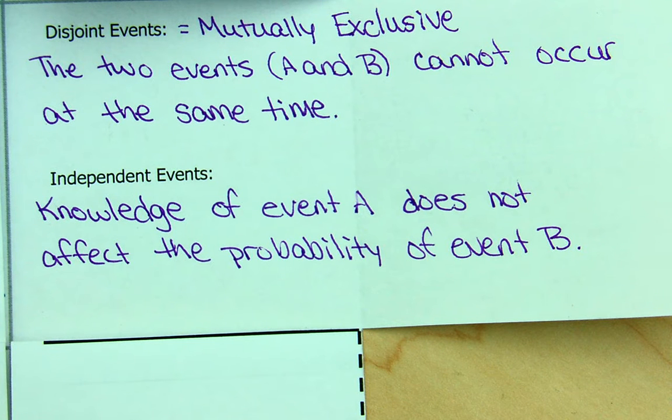Think of it, if I'm going to flip a coin and then I'm going to roll the dice. The outcome of the coin flip has no bearing on what is going to happen with the dice. It doesn't change that probability of getting a 3. So one event independent of the other one has no effect on each other.